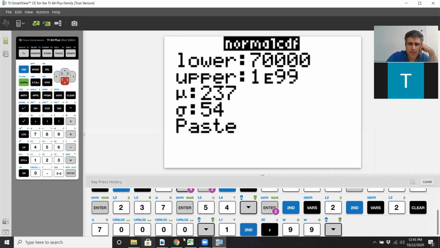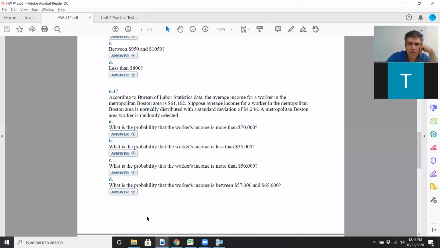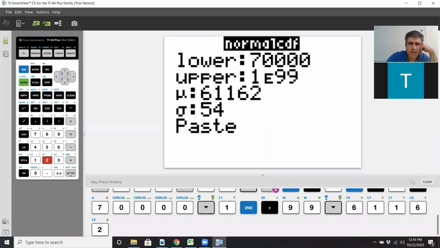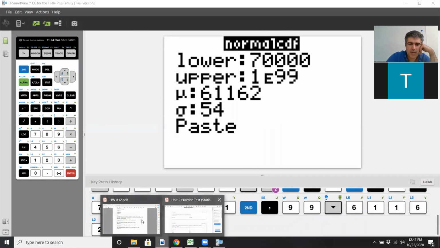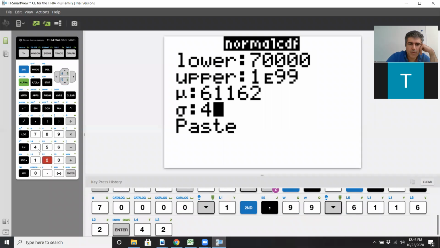And the average, which I don't remember from the problem, was 61162. Standard deviation, I don't remember off the top of my head. It was 4246.